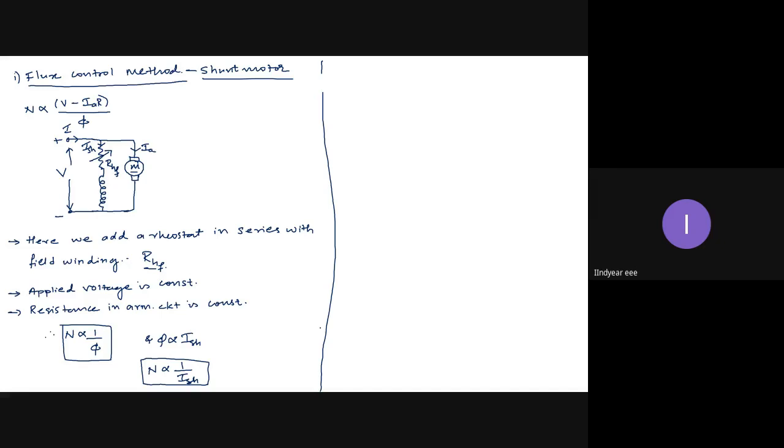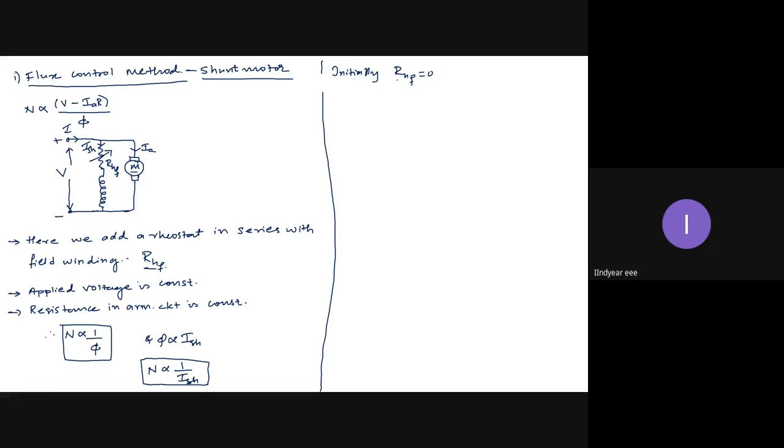So we look into this once again. Observe, the speed is inversely proportional to flux, and flux is proportional to ISH. Initially my RHF is 0.